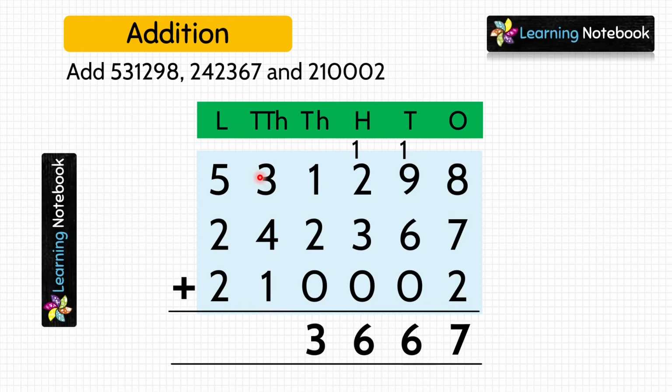Next, 3 plus 4 equals 7 and 7 plus 1 equals 8. And lastly, 5 plus 2 equals 7 and 7 plus 2 equals 9. So this is our answer: 9,83,667.